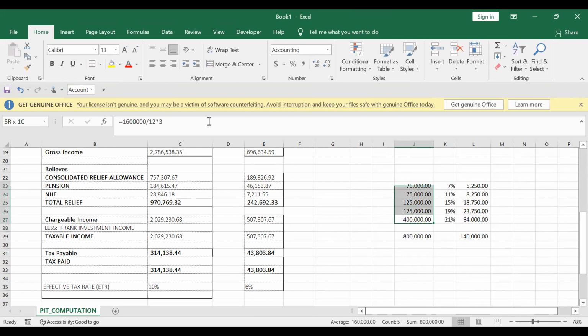If I do that, by the time you add everything together, you will observe that it is more than the 507. So all I need to do is just say 507,307.67 minus the sum of the above. Now, by the time I had everything together, you see that it equals the 507, right?